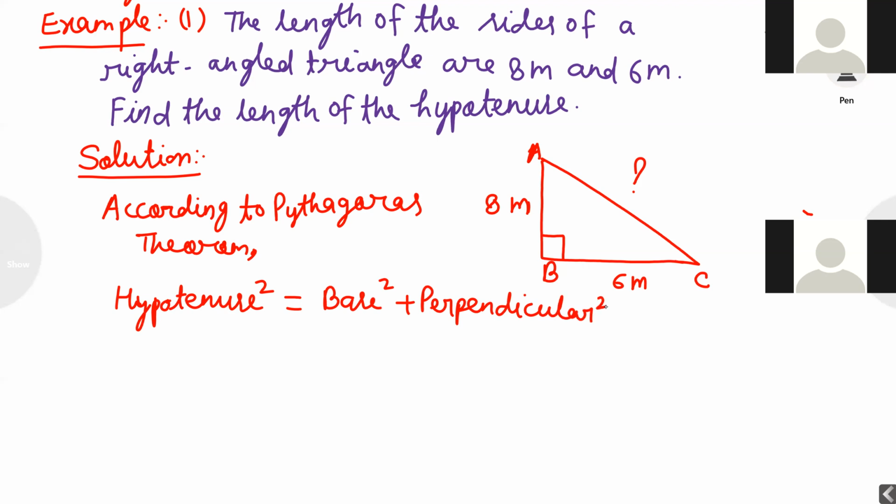Hypotenuse I want to find out, that is AC. AC square is equal to base BC square plus perpendicular AB square.